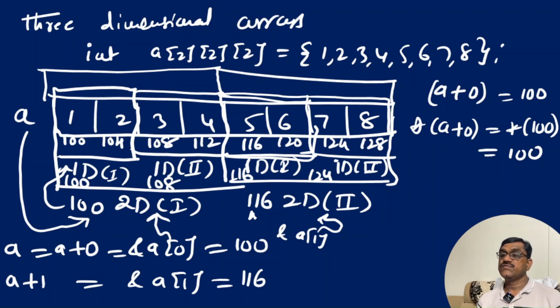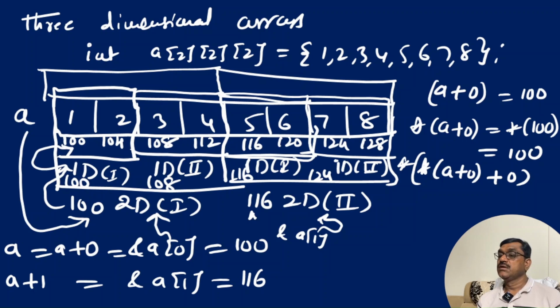Now this is a one-dimensional array. Now if I write star of A plus 0 plus 0 here, in this case what are we going to get here? Two stars. Right, in this case from here 100 we are getting this 100.